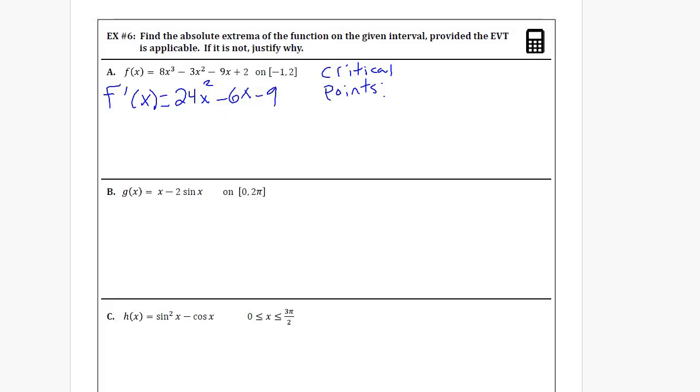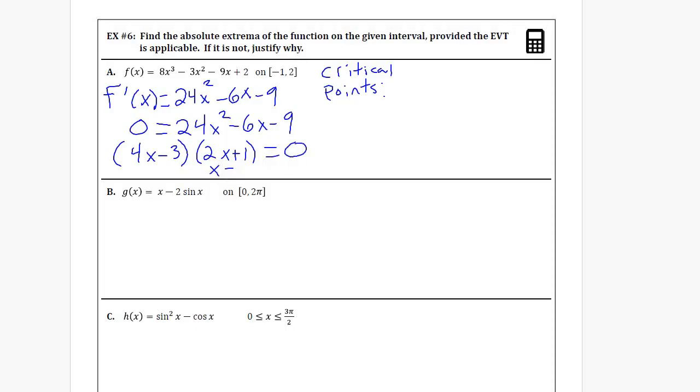And we want to know where that thing equals 0. Notice that since it's a polynomial function, we don't have to worry about it being undefined anywhere, which is nice. So we would then factor it, and we're going to get 4x minus 3 and 2x plus 1. So our x's are going to equal 3/4 and -1/2.